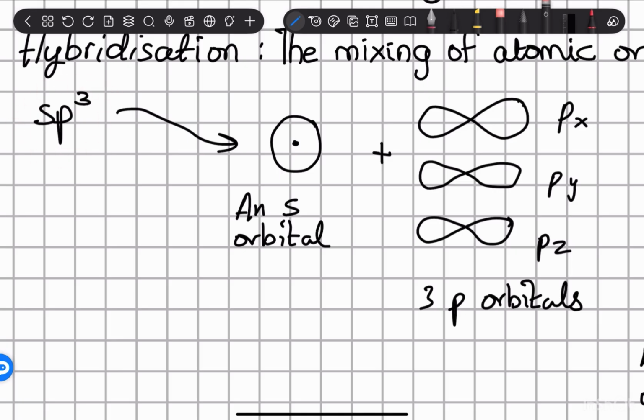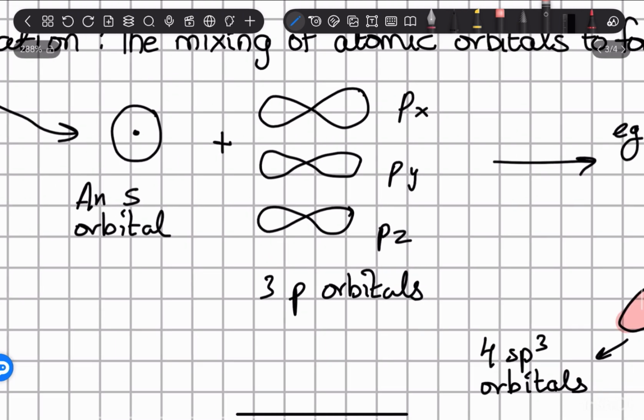So right now we're going to look at an sp3 orbital. The sp orbital was one s orbital and one p orbital, but an sp3 would be one s orbital and three of the p orbitals. So we have our px, py, pz.